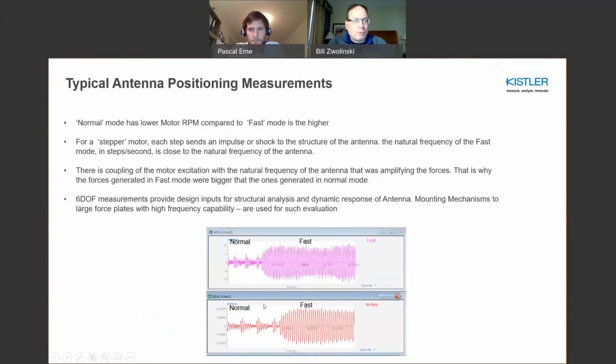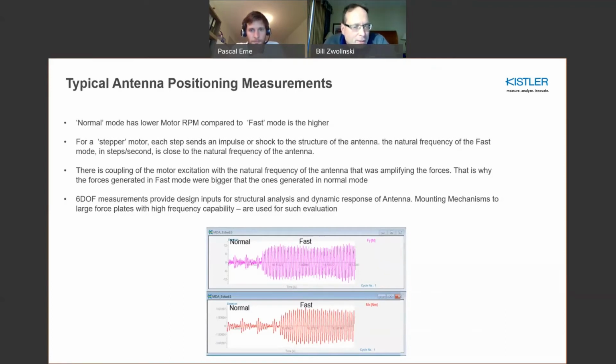In this case here, what we found was that there were two actual modes of this gimbal system, and that was a normal mode or a slow positioning mode and a fast mode. And what we found was that by virtue of the stepper motors being used, when they were being used in the fast mode, they were actually exciting the resonances of the structure itself of the antenna.